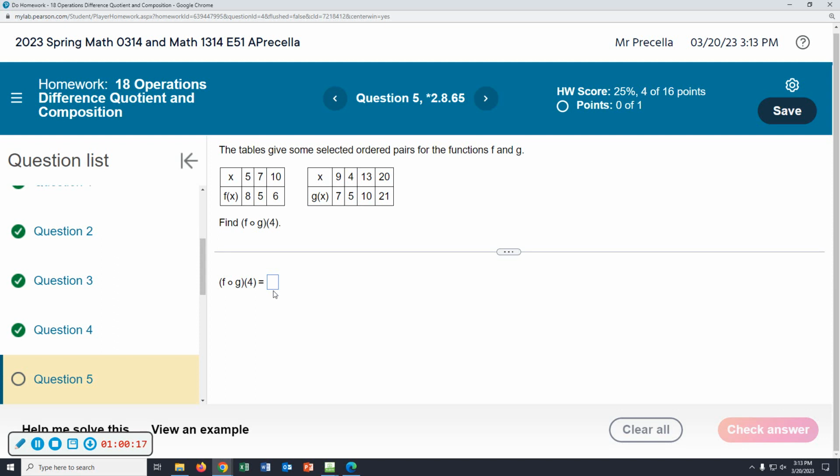My first name is Timothy Precella, okay? You really don't say "fog." But I know, in a moment, you're going to have quite a few assignment problems that say find f of g of x, find g of f of x. At the end of the semester, you'll remember "fog" and "gof." I don't think you'll remember the name composition of functions.